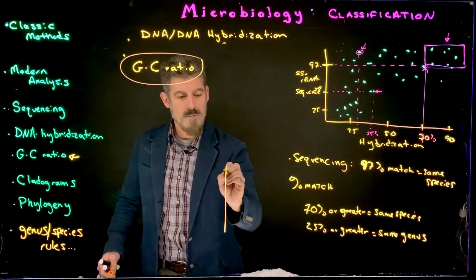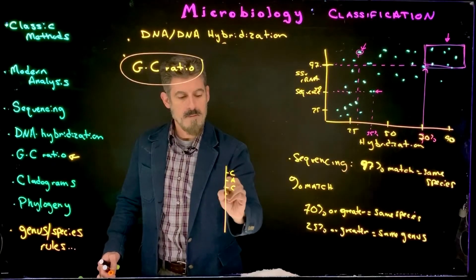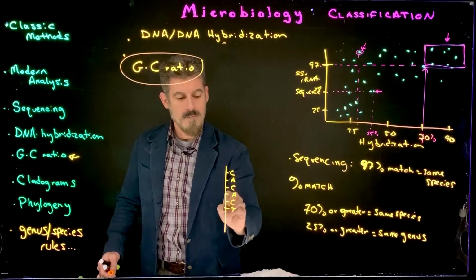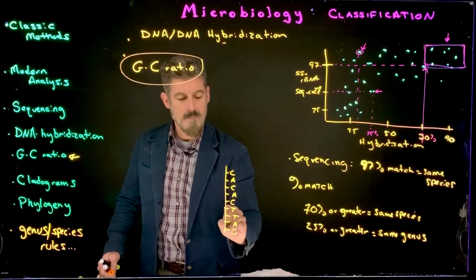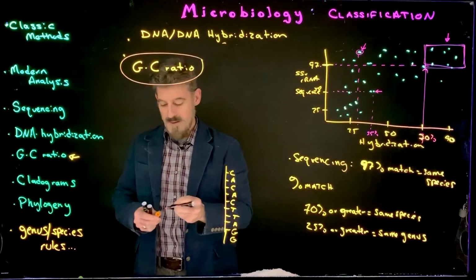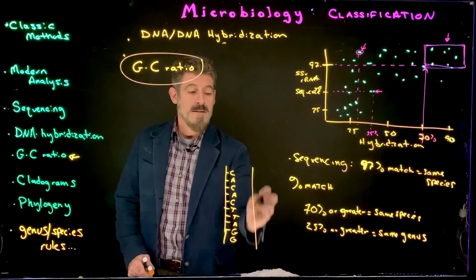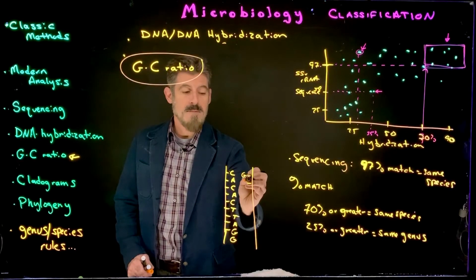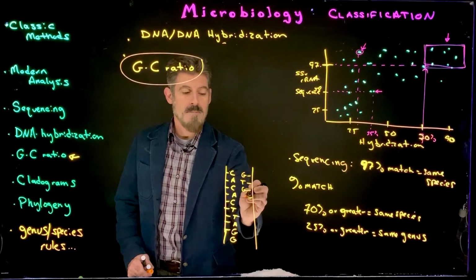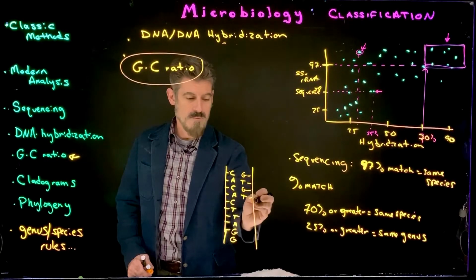So what we're doing is, for a particular bacteria, obviously the C's and G's are going to pair up. So it's going to be the same percent depending on which strand you're looking at.